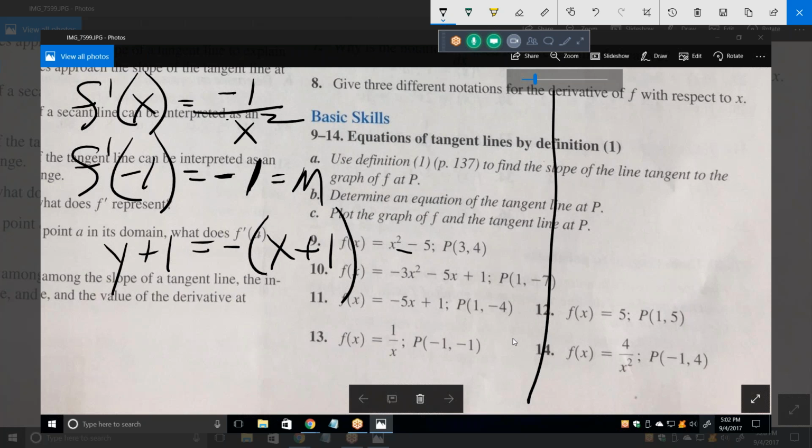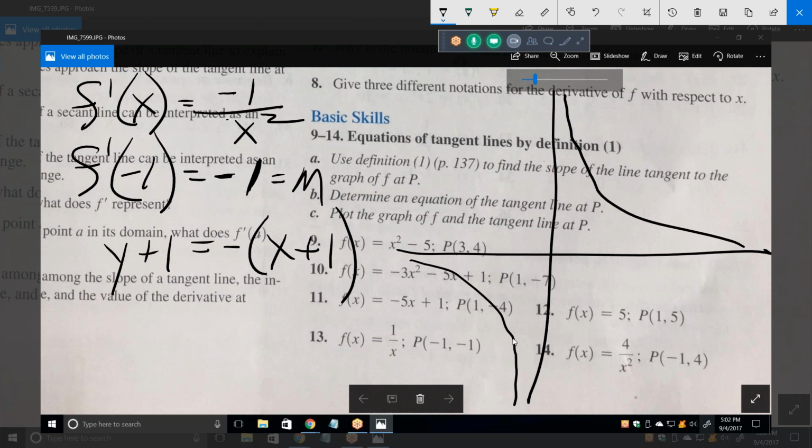Now, my mistake was not revealed to me until I tried to graph it, because I know what that graph looks like. And notice that there is no point at 1 comma -7. So I was immediately taken aback. But there is a point at -1, -1 right there, with the slope of that tangent line, -1.